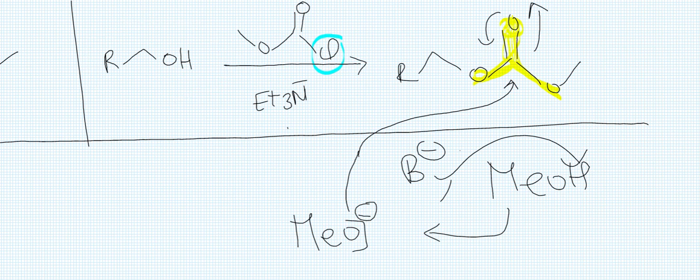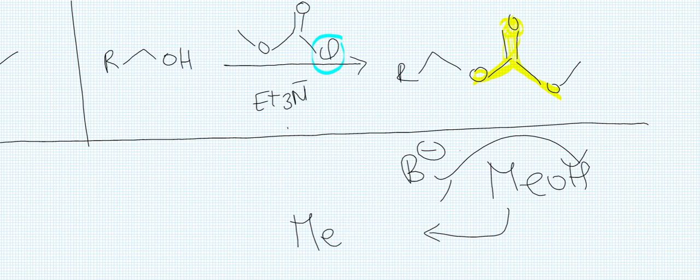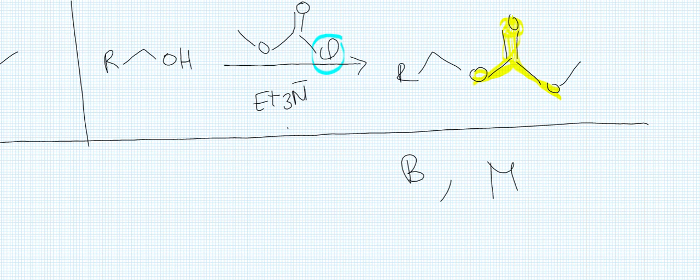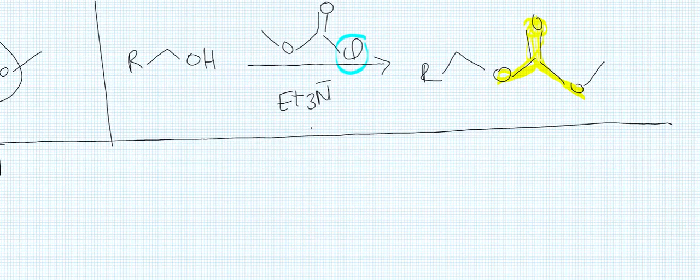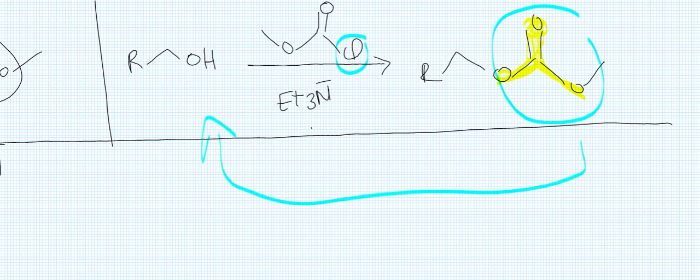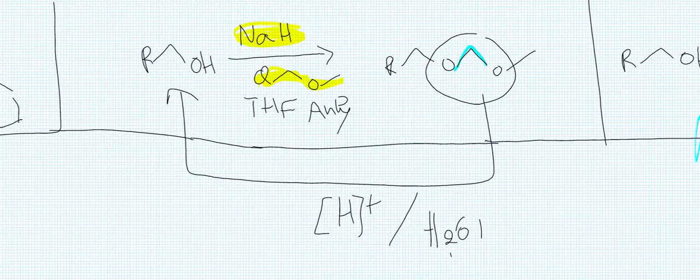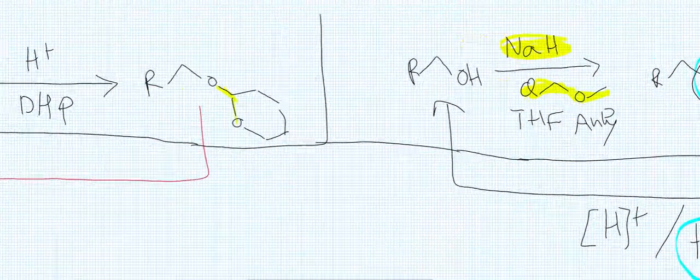So keep in mind, don't just memorize, try to identify the functions, and then identify how we could protect and deprotect. Here we protected using a carbonate, so how can we deprotect? Always the same thing, using a base with an alcohol. Here the same thing we have an acetal, so we need H plus with a water molecule or methanol.